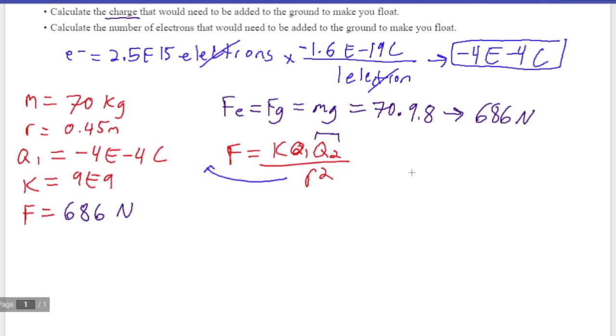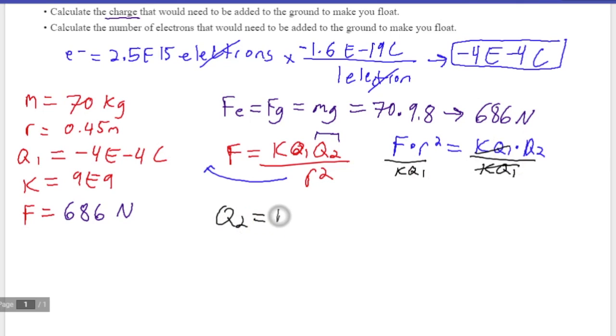So that's going to give me force times r squared is equal to K times Q1 times Q2. Next, like I said, we need to get Q by itself. So I'm going to divide both sides by K and Q1. K and Q1 cancel out over here, and I'm just left with the equation I need. Q2 is equal to force times the distance squared divided by K times Q1.